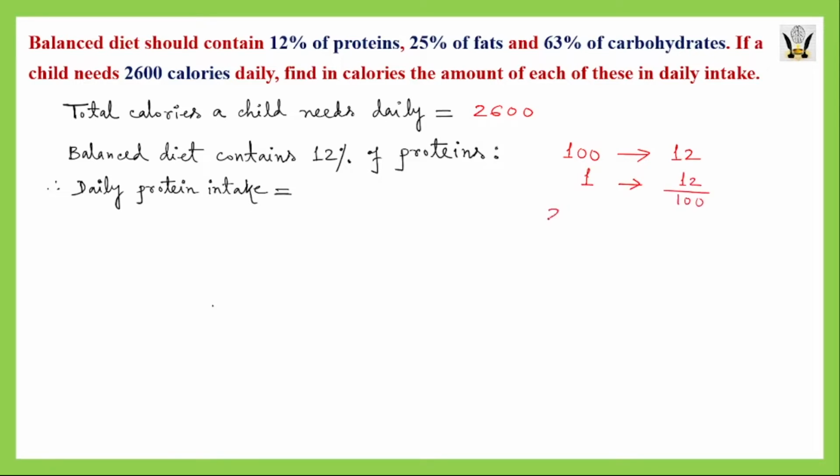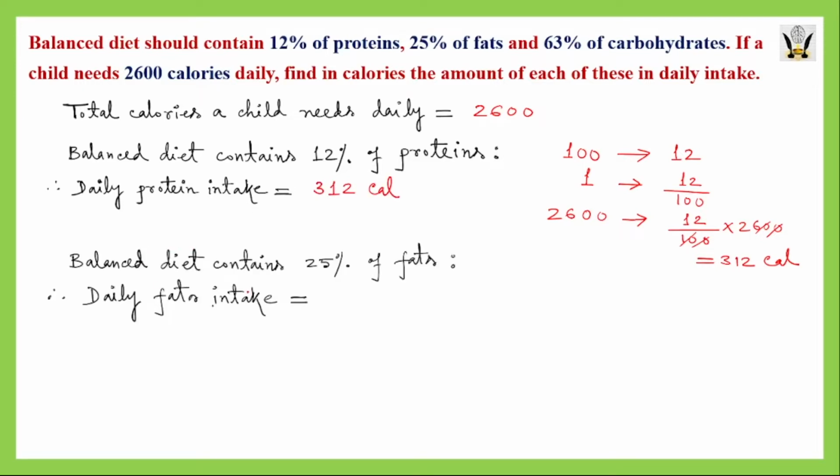And if the total amount of calories is 2600, then the amount of protein in calories will be 12 by 100 multiplied by 2600. So the 100 and the two zeros cancel each other, so it will be 12 multiplied by 26, and that will be 312 calories. CAL is the short form of calorie. That means we can write that daily protein intake in calories will be 312 calories.